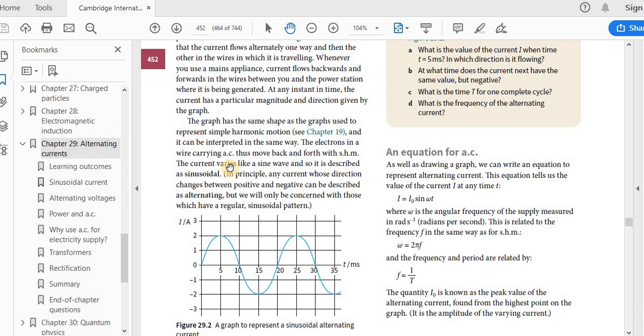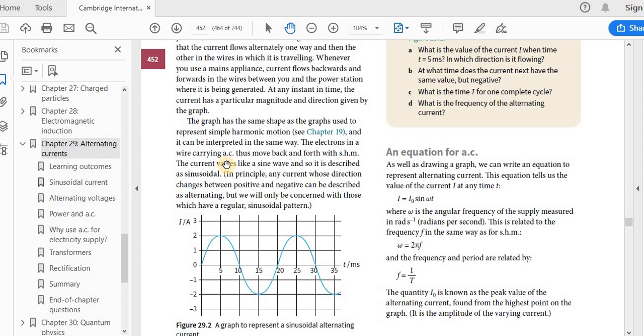So one time the electron is moving to the right, and another time it is moving to the left, so it moves back and forth, and that is also a simple harmonic motion. That's why we get this graph as a graph of something vibrating in simple harmonic motion. The current varies like a sine wave, and so it is described as sinusoidal.